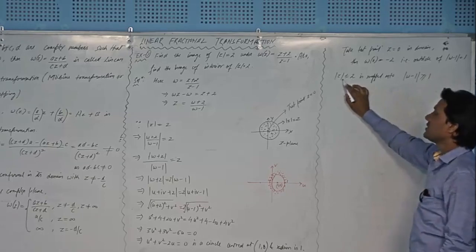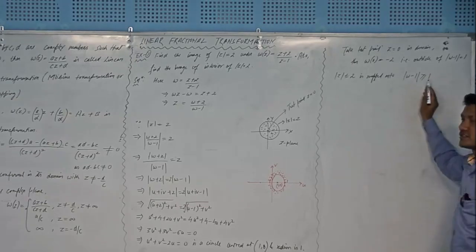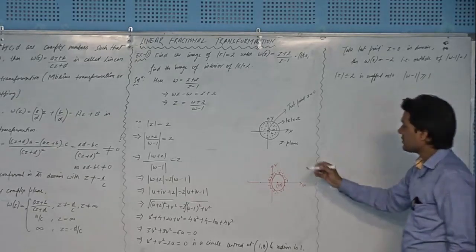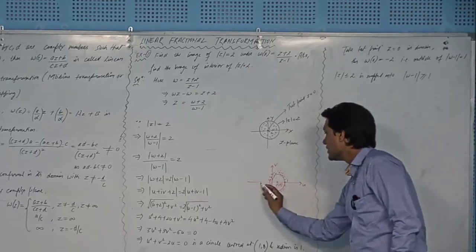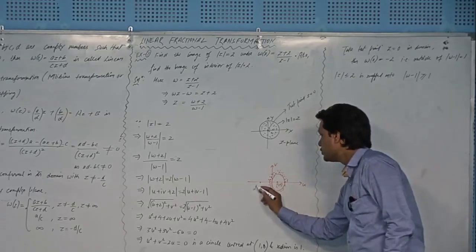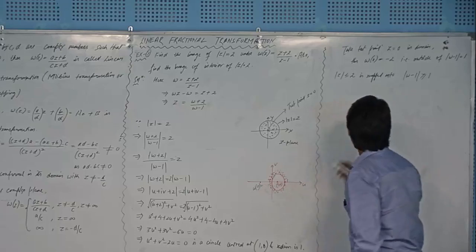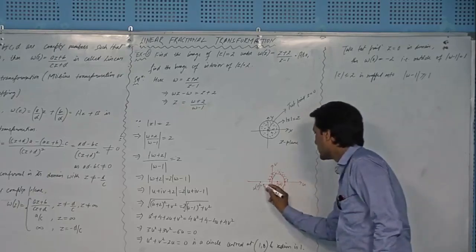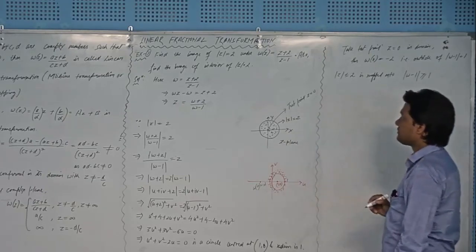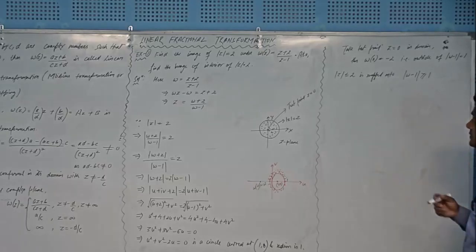The interior of the disk is mapped to the exterior of the disk, right? So this is the picture, and this was your test point. This was the image of the test point, denoted by w0, and that is equal to -2, right?